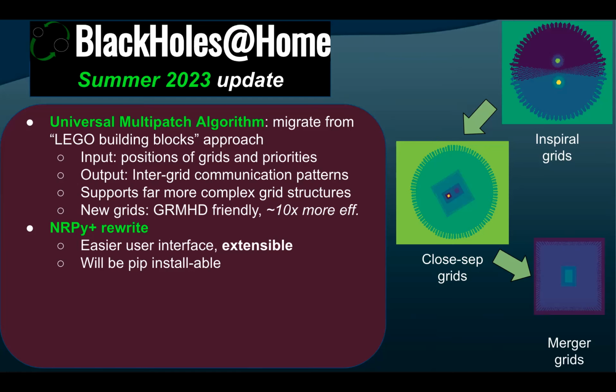And it works great at generating Carpet and CarpetX thorns automatically using Steve's amazing extensions to NRPy. And one other cool thing is it'll be pip installable. So you just pip install and then start working. Extending it to new numerical relativity infrastructures will be a possibility, so you can automatically generate, for example, Dendro-GR modules or GRChombo modules, you name it.